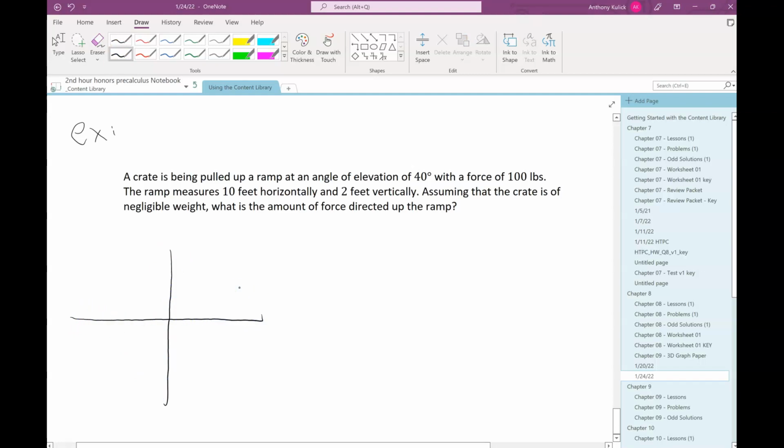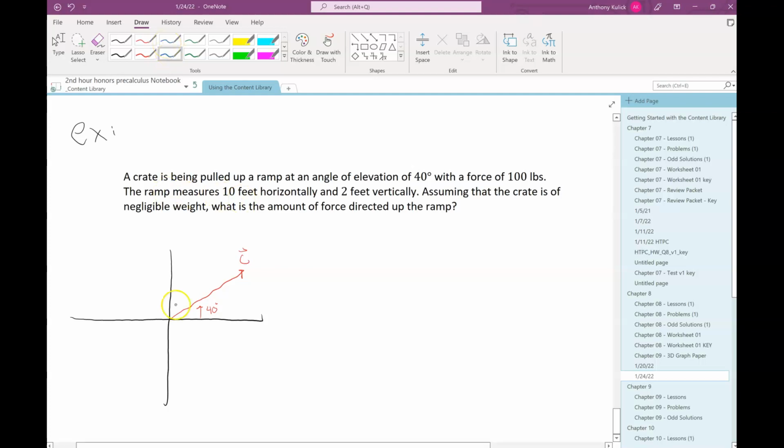So again, I'm going to go ahead and draw my picture here. So I have my crate, being pulled up the ramp at a 40-degree angle.